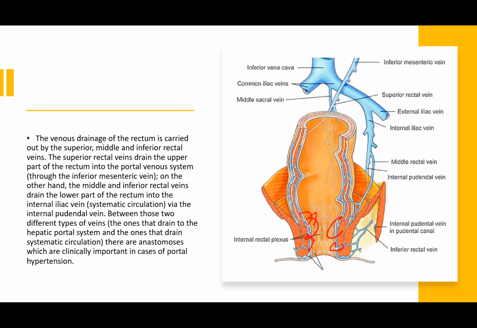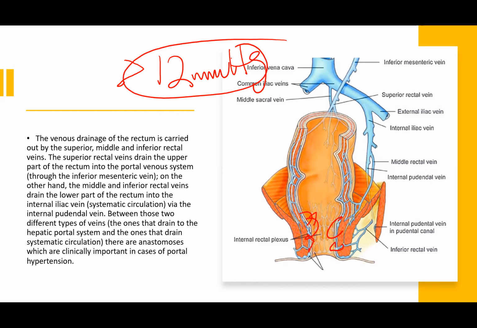These are points of anastomosis of systemic and portal system. And when the portal venous pressure is greater than 12 millimeters of mercury, the portal pressure is raised, and you have various sites, which of course I believe you know, of portosystemic shunt. So this is one of the significances of these veins.